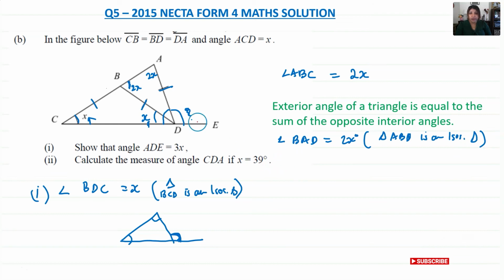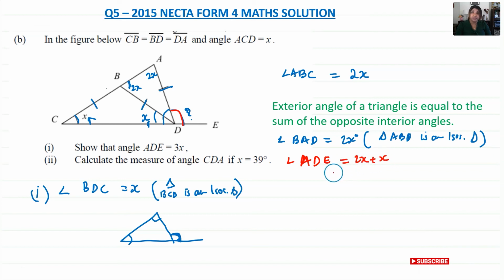Now I've got this angle that I'm after, but again I can see triangle ACD as a separate triangle. So I can now say angle ADE is equal to 2x plus x.